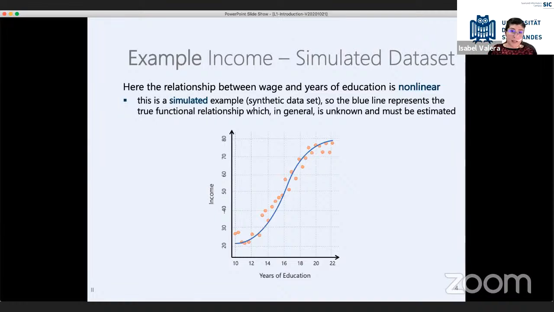But in general, what we are often interested in is making predictions, so that we can plan, for example, how much we need to invest in our advertisement in different markets in order to get higher sales. And of course, I cannot know the sales of next year until the year is over.